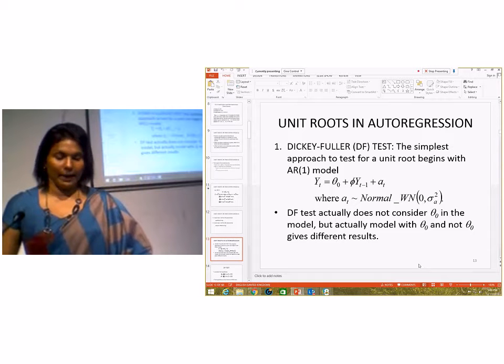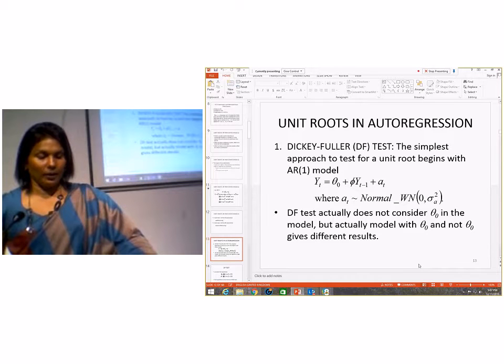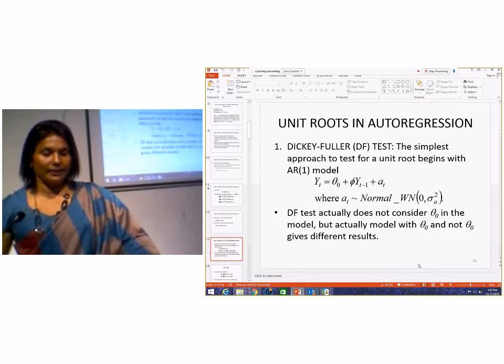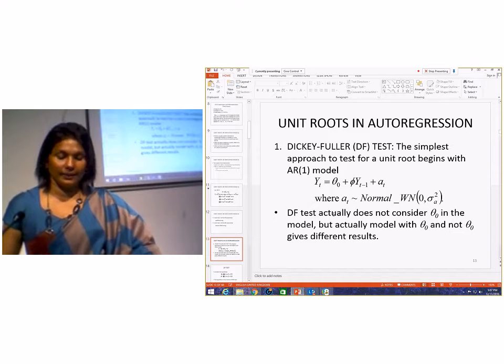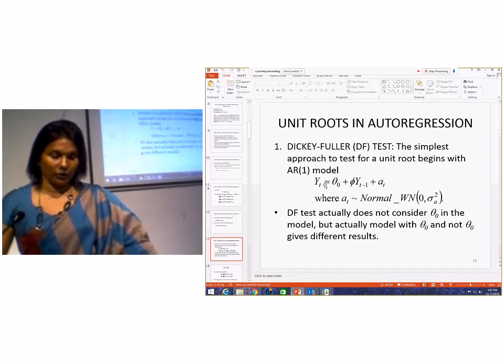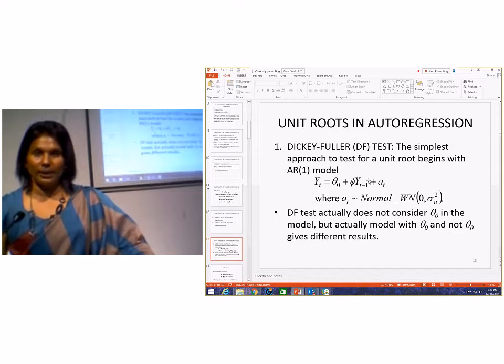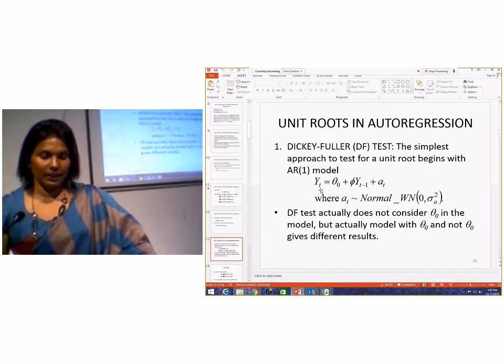We can check the stationarity by using the Dickey-Fuller test. Right, the Dickey-Fuller test is the simplest approach to test the unit root. Begin with an autoregressive one model. So here yt is the dependent variable, and yt minus 1 is the lag value of the dependent variable.